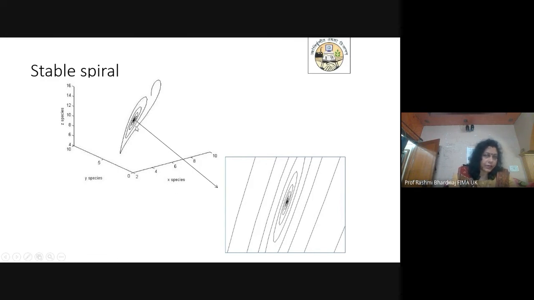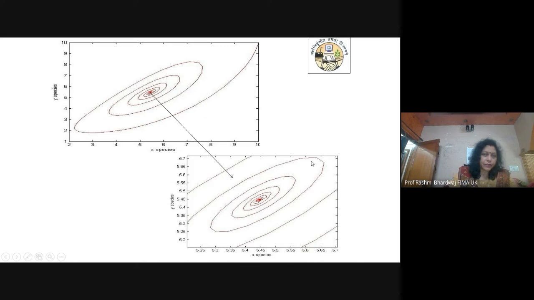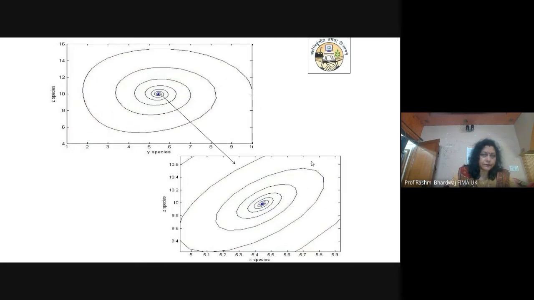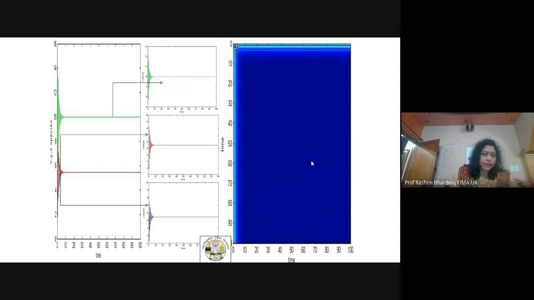If you take any section of this, you get stable structures. Same way for the y dimension, xy, xz, yz, and these are the time series, so you see that you get stable structures after some time.